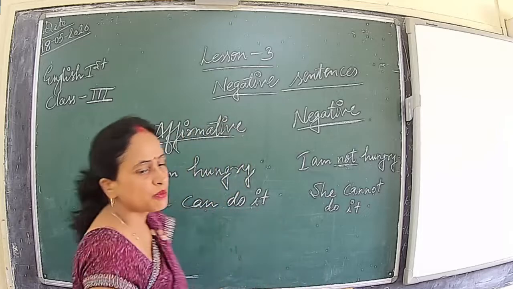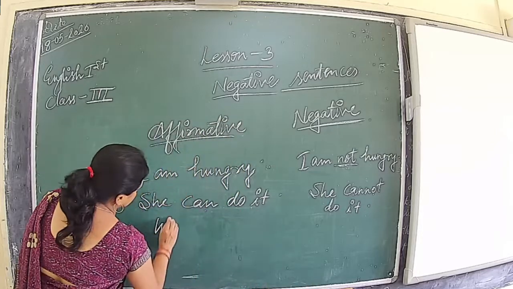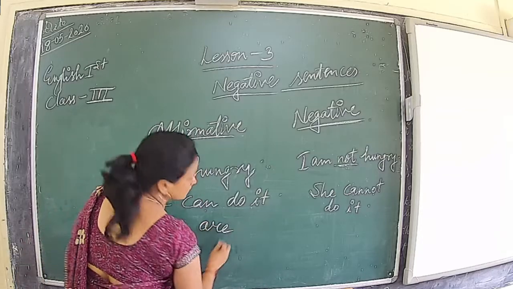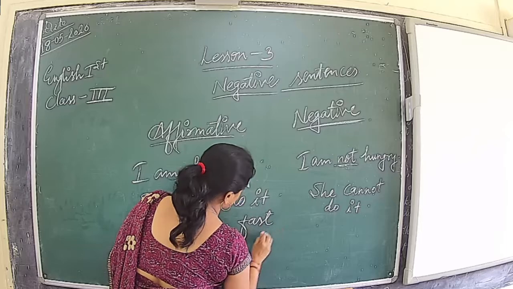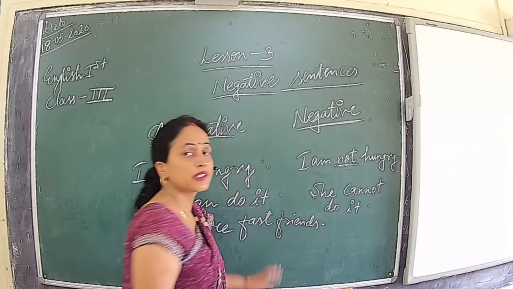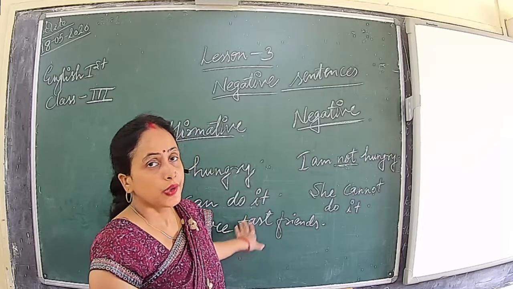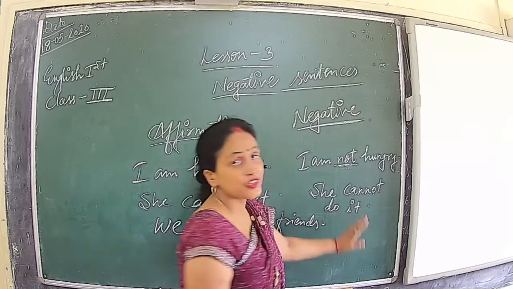Some more examples we can see here. We are fast friends. This is a positive sentence. But when we have to change it into the negative sense, how will we change this?